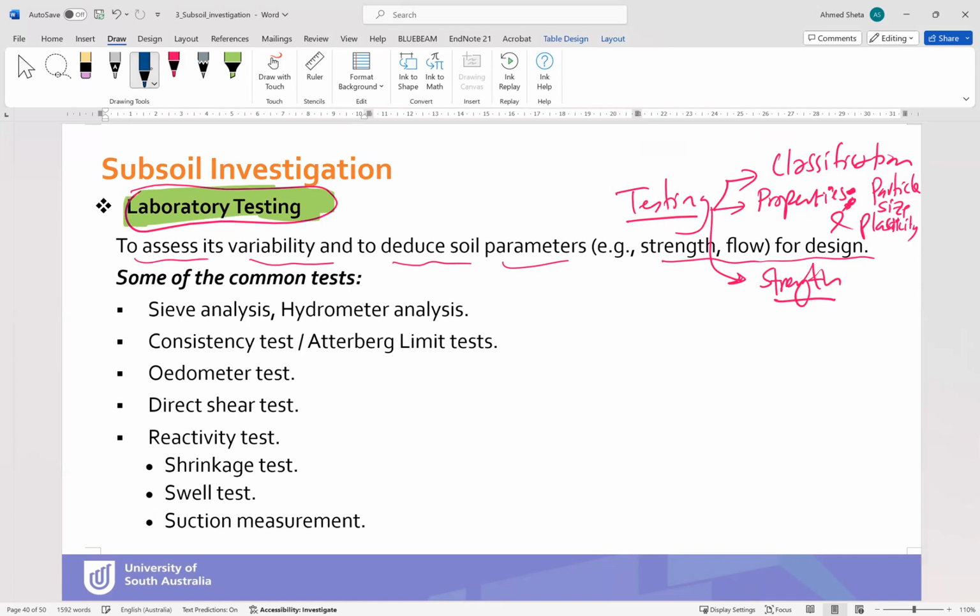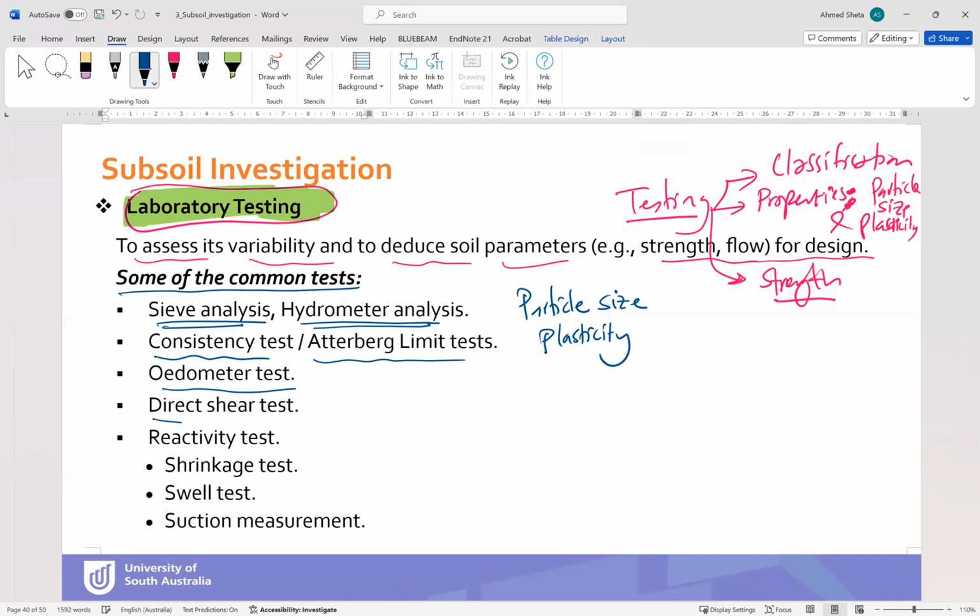Okay, some of the common tests we have are the sieve analysis or hydrometer analysis, for particle size, if you remember. We have the consistency test or Atterberg limit test, for plasticity. Oedometer tests, direct shear test, and reactivity tests, which include shrinkage test, swelling test, or suction measurements.